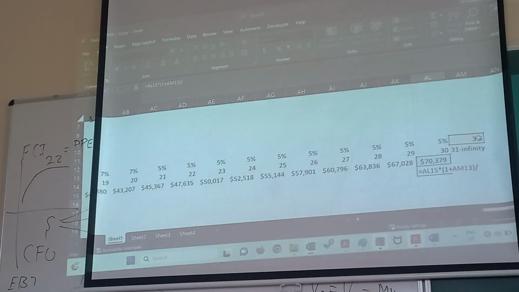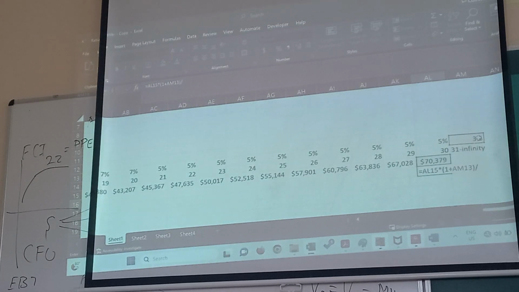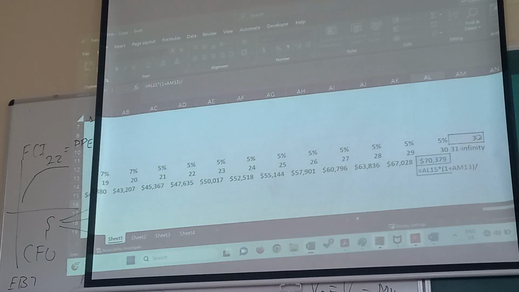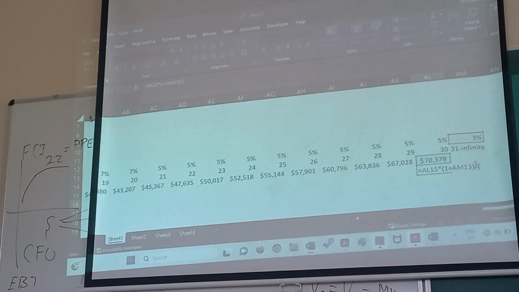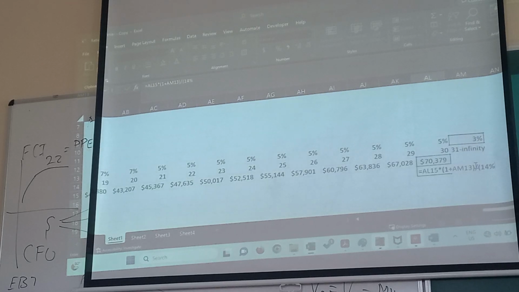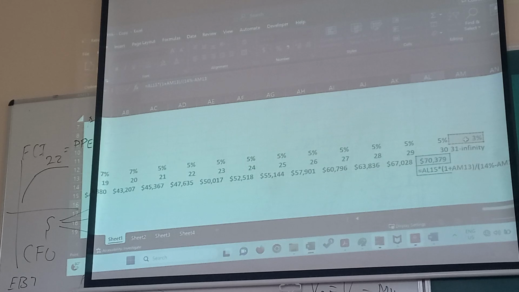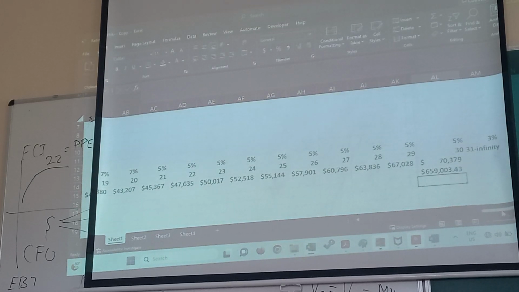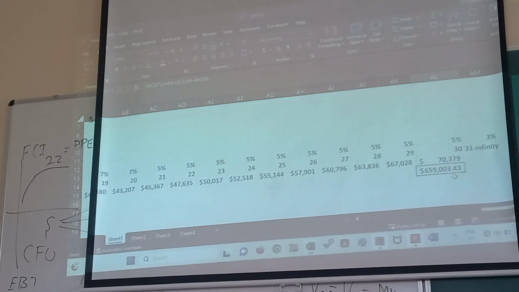But you have done cost of equity, right? Okay. I'm just putting the WACC as 14%. Randomly, you need to find it. Now see the value, year 31 to infinity.